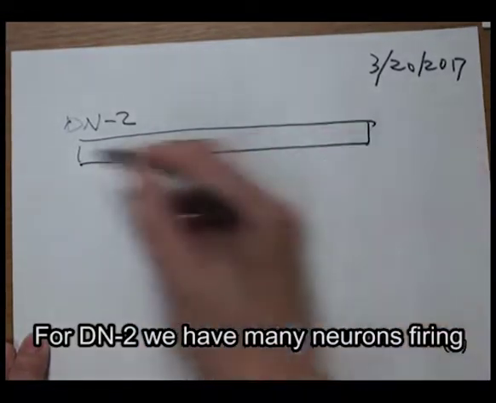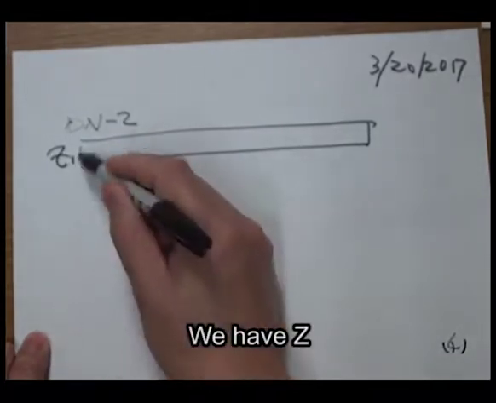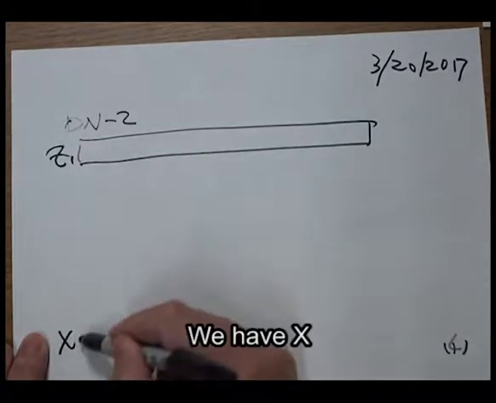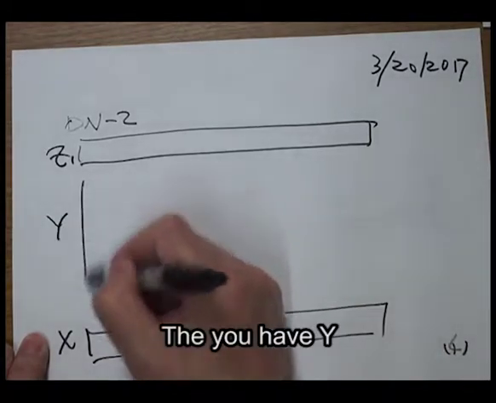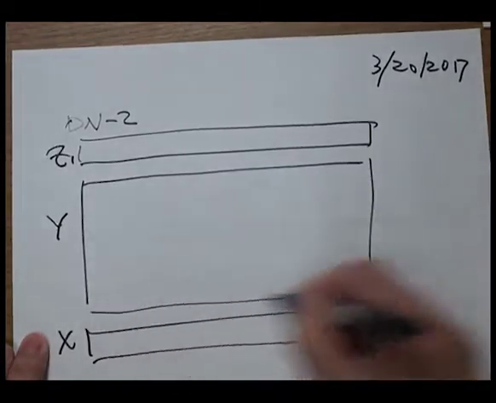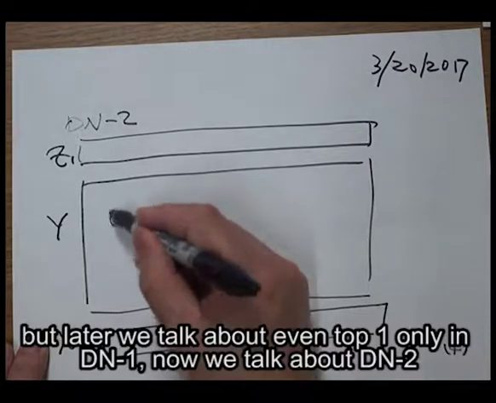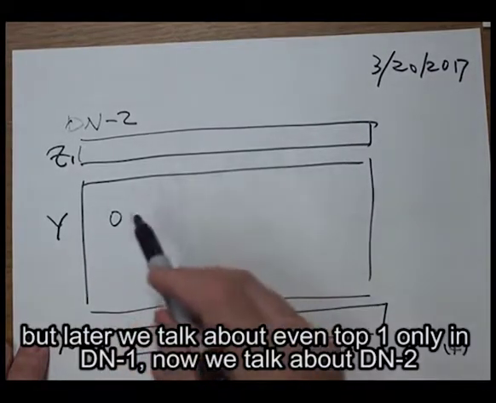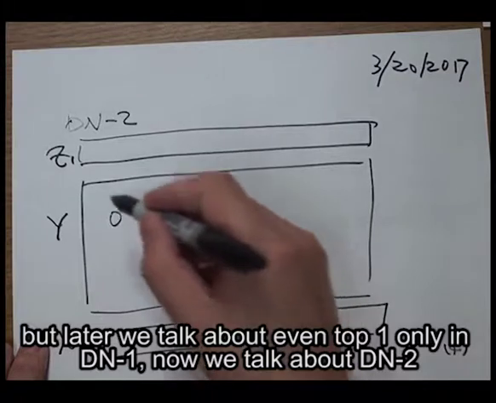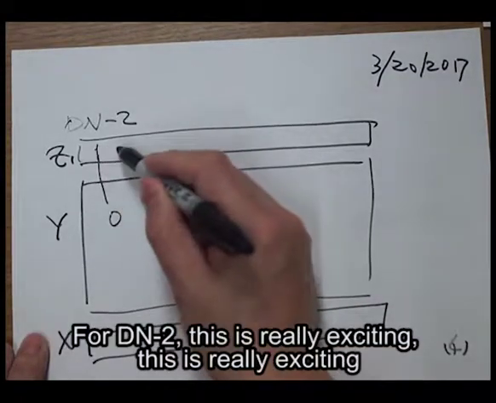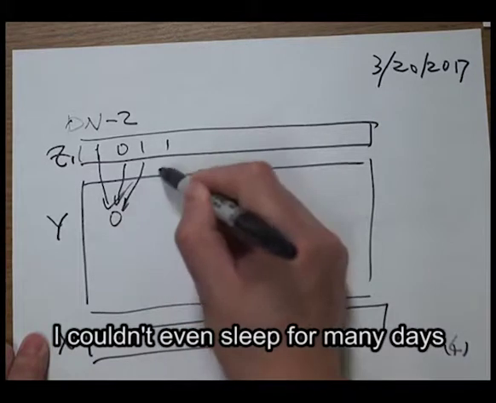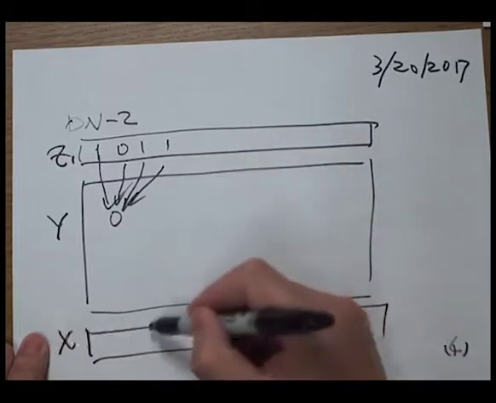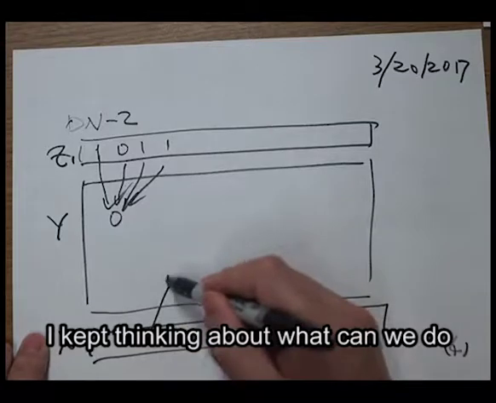So Z, we have X, then you have Y. Originally we talked about top 1 only for DN1. Now top 2 has DN2. So DN2, now this is really exciting. I think this is really exciting. I couldn't even sleep for many days. I keep thinking about what we can do.